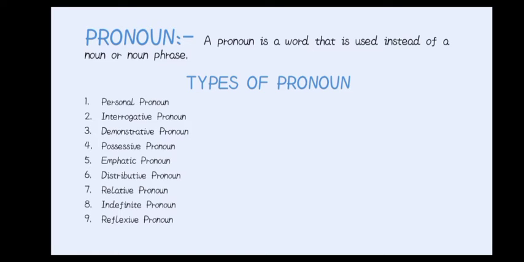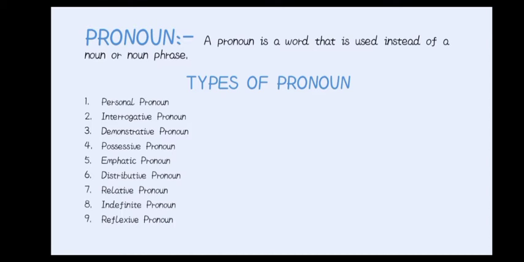Now, types of pronoun. Again, we learn the different types of pronoun. The first type is your personal pronoun. These pronouns refer to the speaker, the person spoken to, and the person or people spoken about.